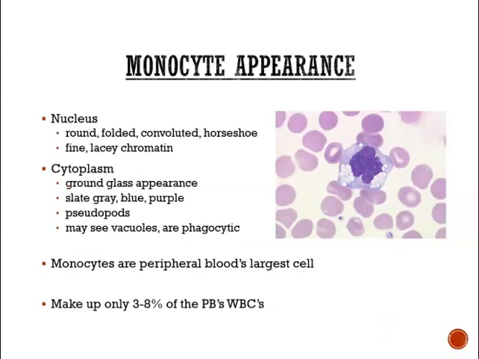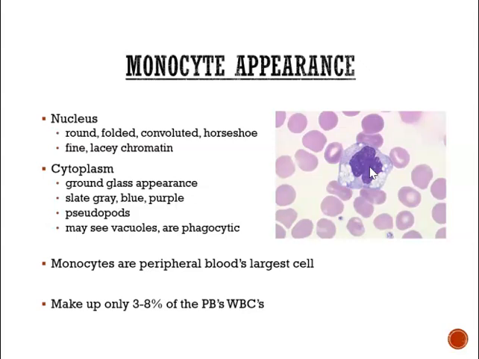So let's look at the appearance of our monocytes, and I encourage you to look at page 75 in your atlas. Our nucleus can be anywhere from round, folded, or convoluted, meaning it can have dips or folds, to horseshoe-shaped, so a lot of different variations and irregularities in nucleus shape for our monocytes.